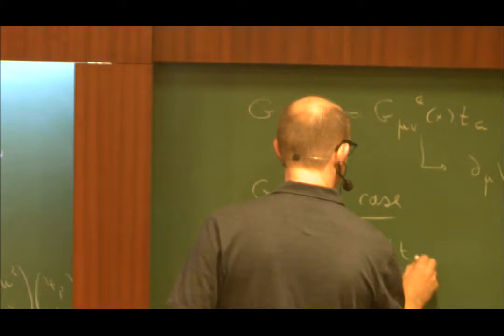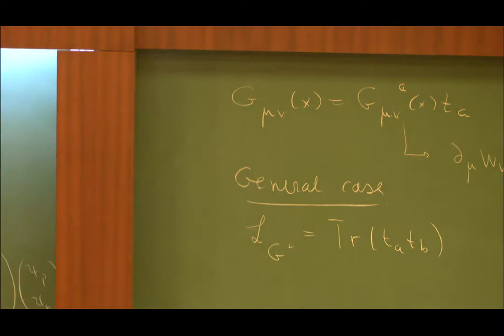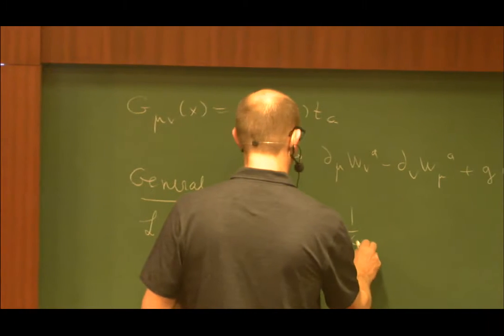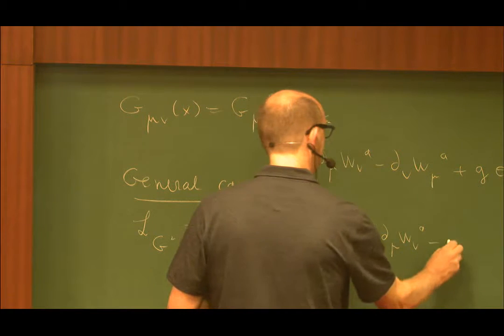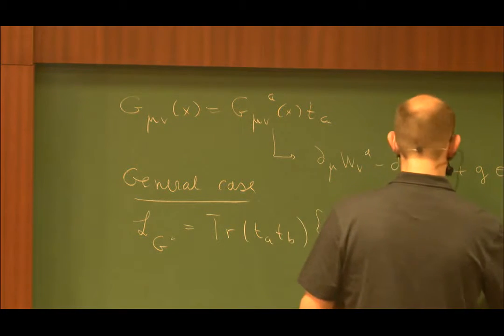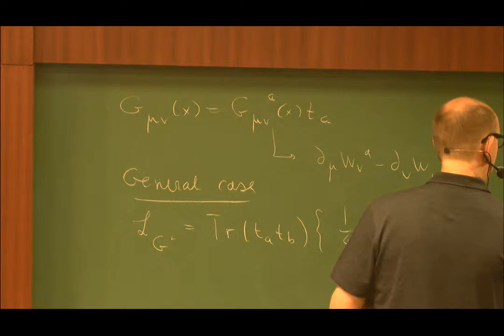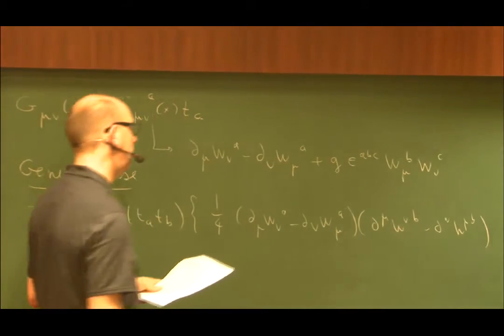So no surprise, I will get the trace of T^A and T^B. That's the only object to take a trace over in color space. And then here are the various terms: a quarter, (∂_μ W_ν^A minus ∂_ν W_μ^A)(∂^μ W^νB minus ∂^ν W^μB). Those are the quadratic terms in the action.